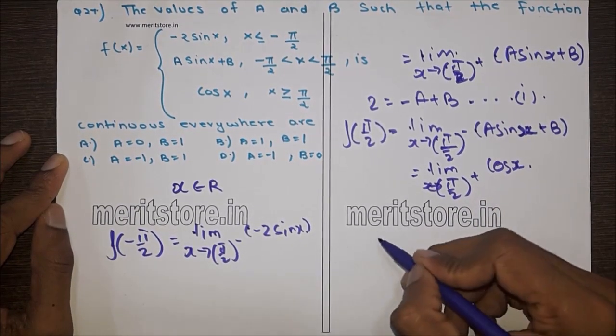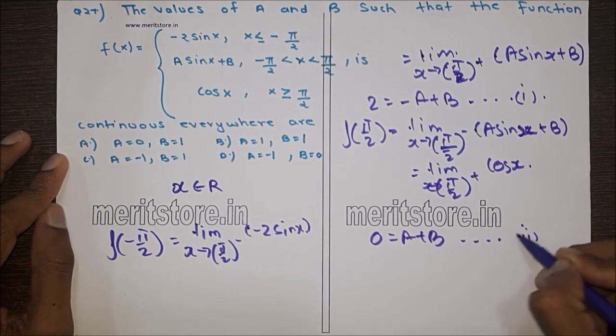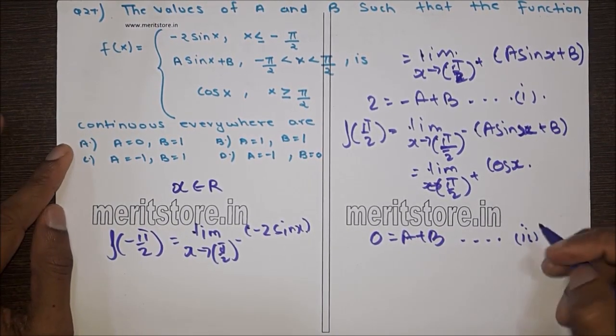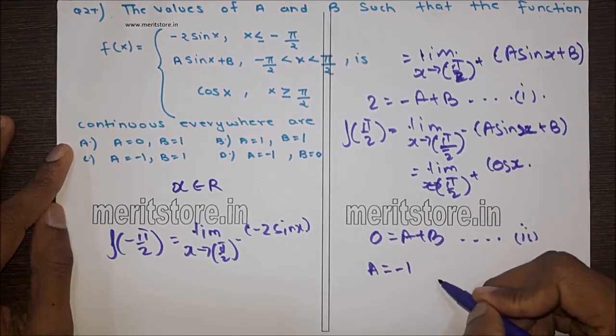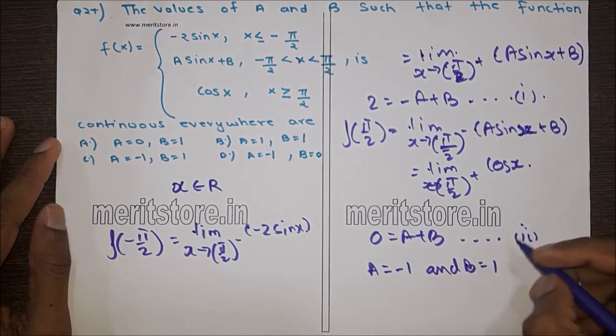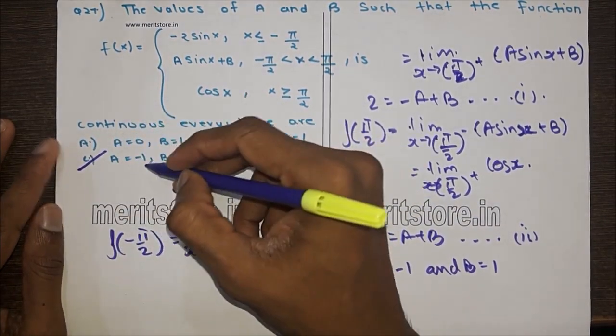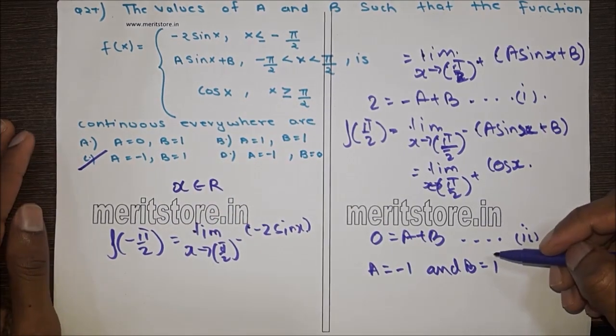Solving, we get 0 times a plus b. Let this be equation 2. So solving 1 and 2, we get a equal to minus 1 and b equal to 1, which matches option C, that is a equal to minus 1 and b equal to 1. Therefore option C is the correct answer.